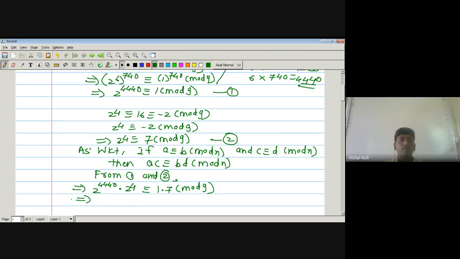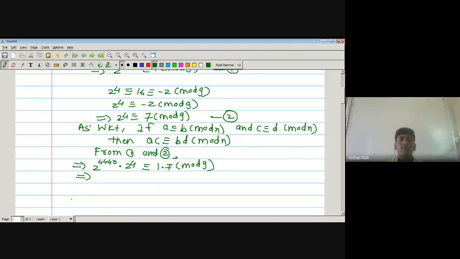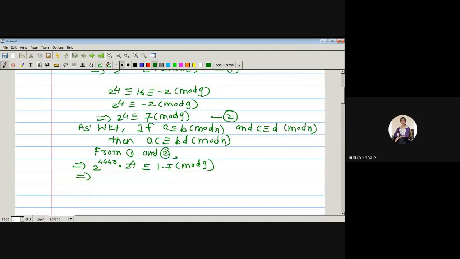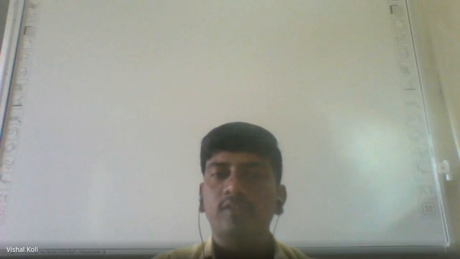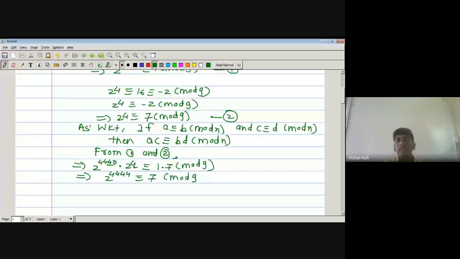That is 2 to the power 4440 into 2 to the power 4, which is nothing but 2 to the power of this term plus this one, which is 2 to the power 4444, is congruent to 7 modulo 9.